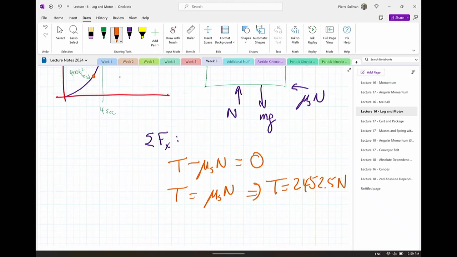That's going to occur at time equal to 2.48 seconds. So 2.5 seconds in.